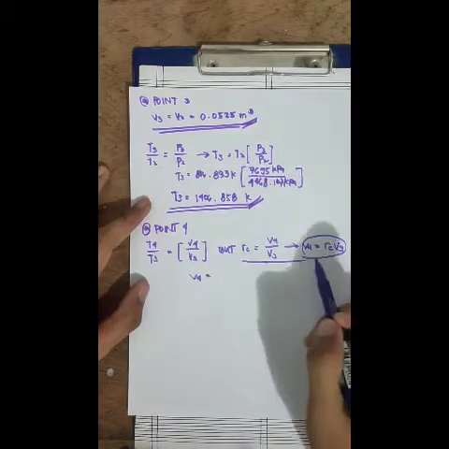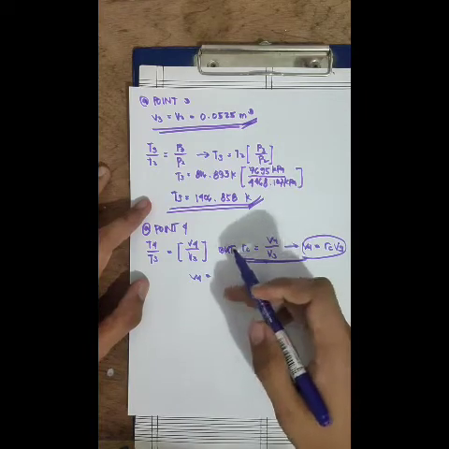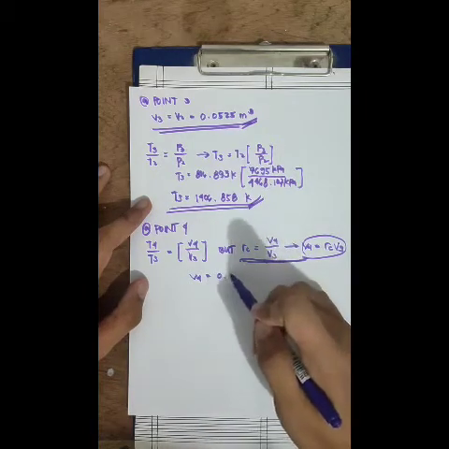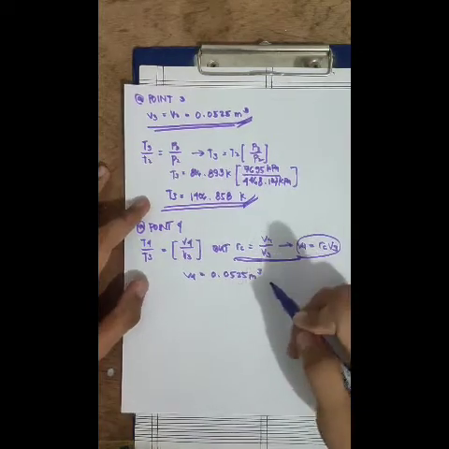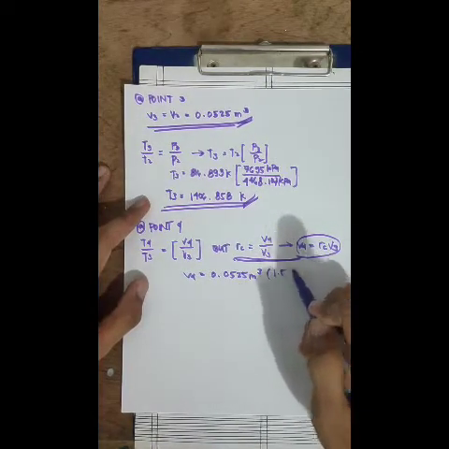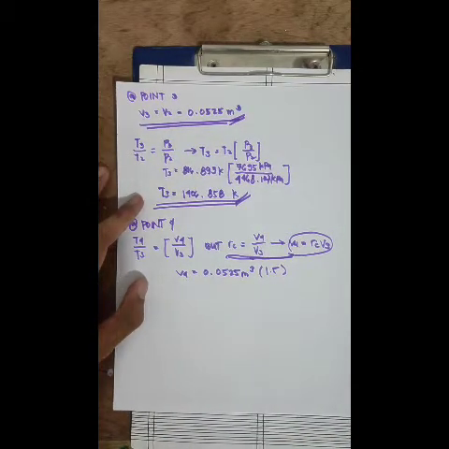We substitute all the data: V4 is equal to 0.0525 cubic meter multiplied by 1.5. So the answer that we get from here is 0.0525 times 1.5.